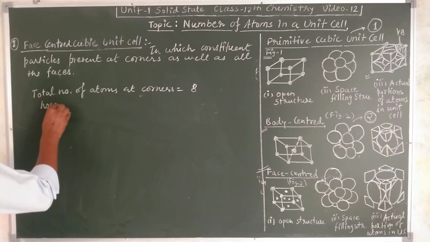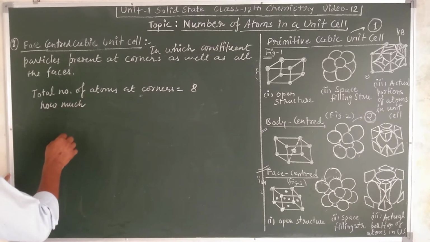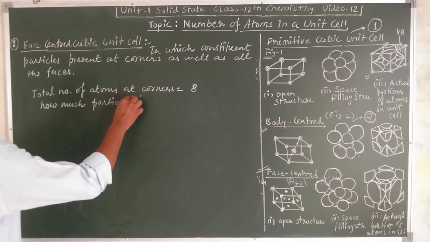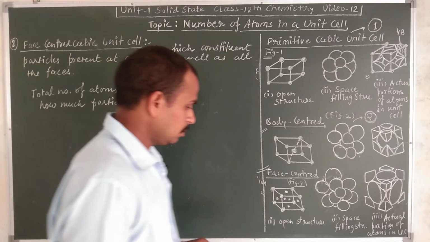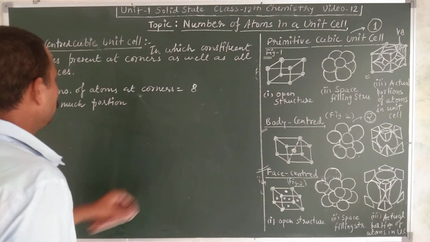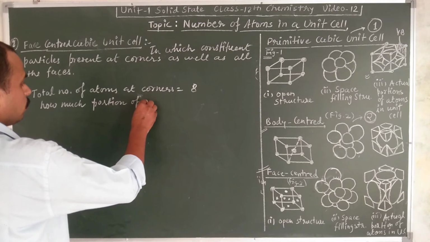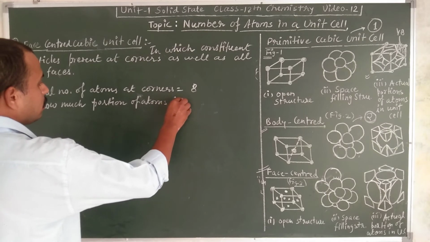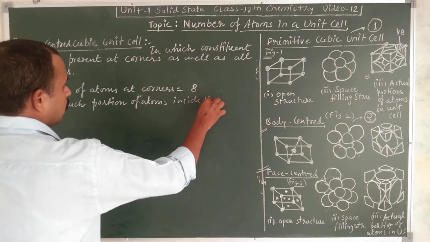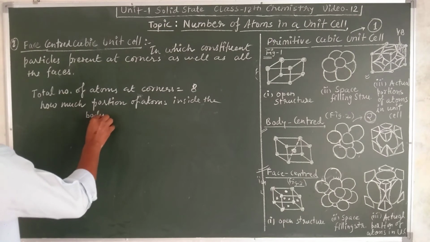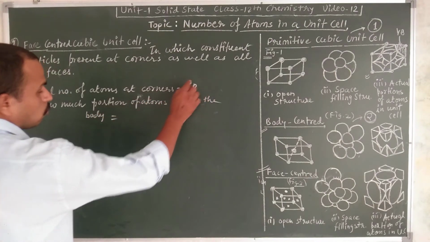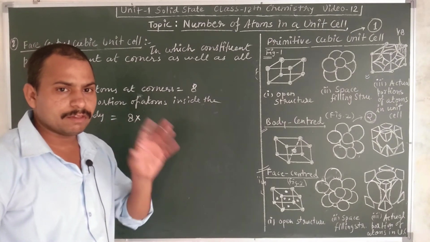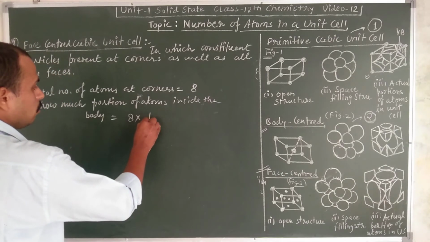How much portion of the atoms inside the body? So total number of atoms 8, and portion of the one atom present inside the body, that is 1 upon 8.